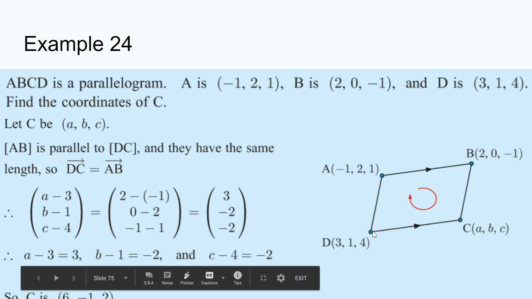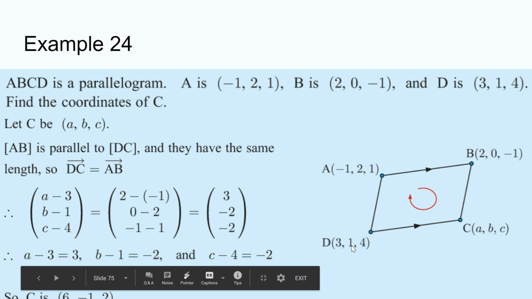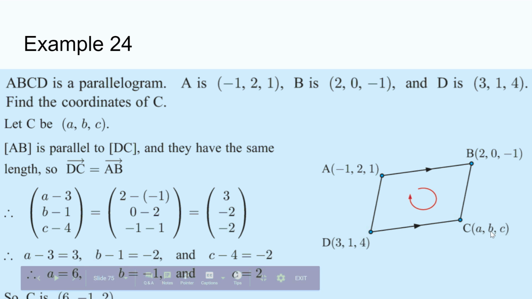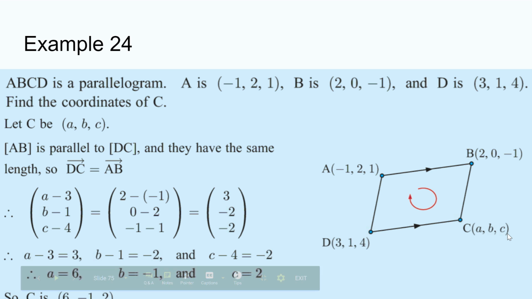So I'm going to do 3 plus 3, giving me an x component of 6. And then I'm going to subtract 2 from the y. 1 minus 2 gives me a b value here of negative 1. And I'm going to subtract 2 from the 4 to get a c value of 2. So therefore, the point C has the coordinates, or the components, 6, negative 1, 2.